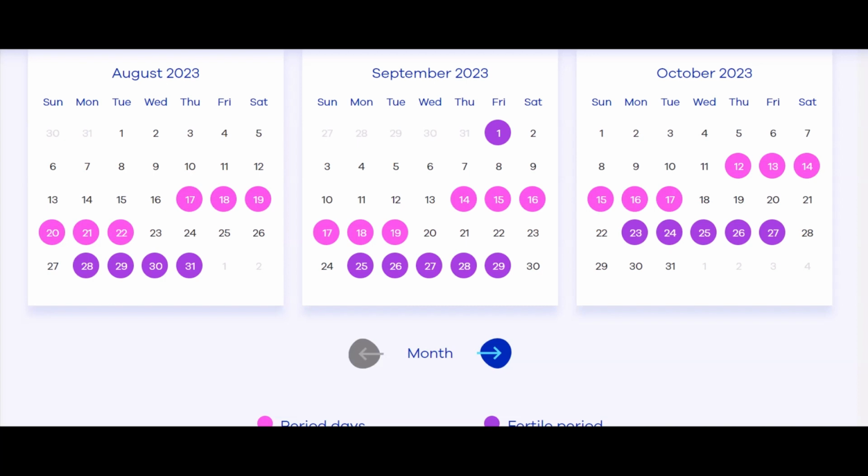Now notice that fertilization takes place approximately 14 days after this day. Okay, so now we know why the pregnancy due date is calculated the way it is. We understand what the fertile window is, and we understand how the fertile window works.